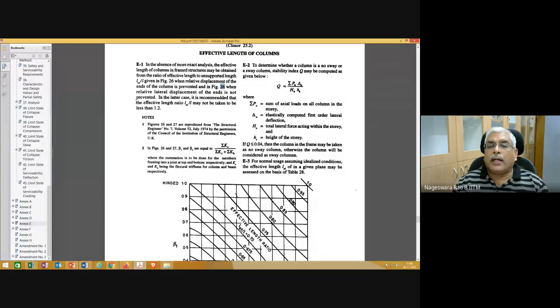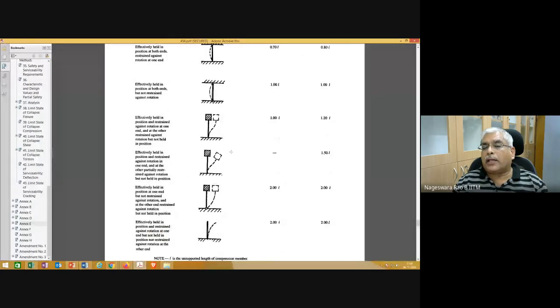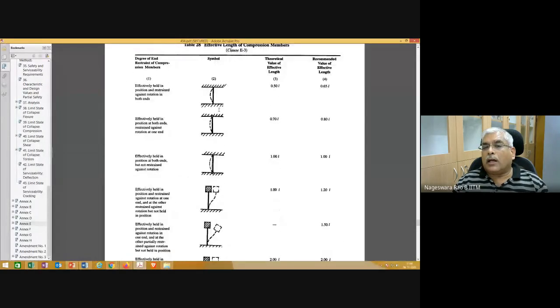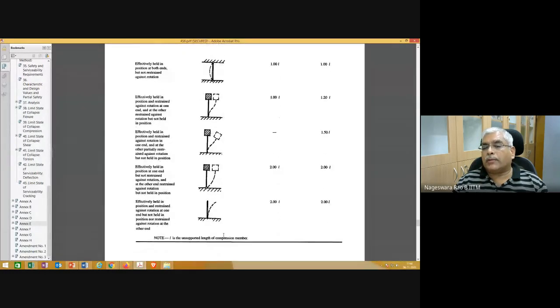It is recommended that the effective length ratio may not be taken less than 1.2. This statement is what Professor Amlan is referring to with respect to the values given here. Here, these three are non-sway and these are sway columns. In sway columns, even as per that statement, the effective length ratio should not be taken less than 1.2.